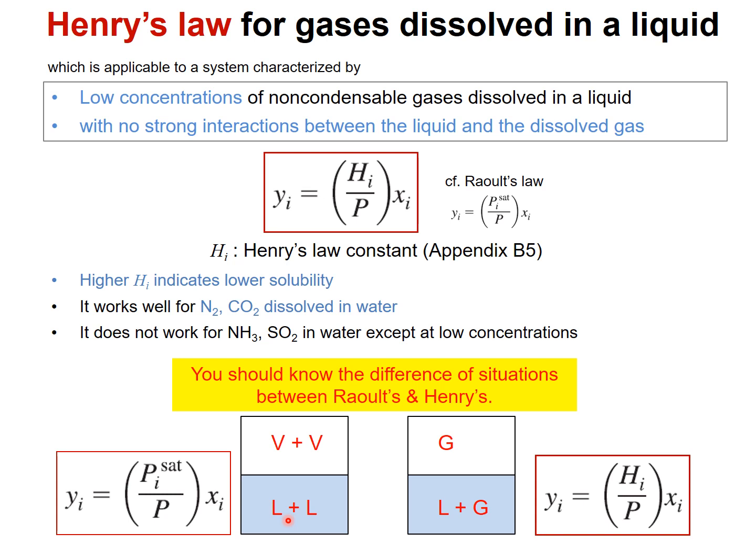If you have two components, you have two compositions in the liquid phase, and also two compositions in the vapor phase. However, for Henry's situations, gas is existing over the liquid and some portion of gas is dissolved in liquid. So here is the gas phase and here is the coexistent liquid and gas phase. So a little bit different.